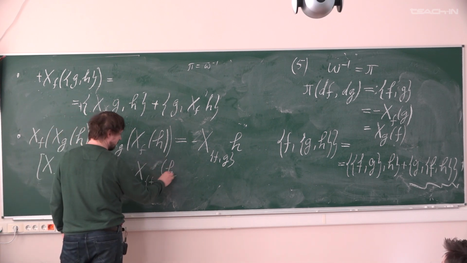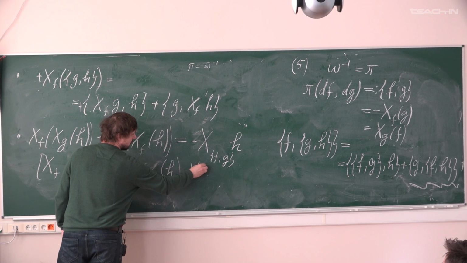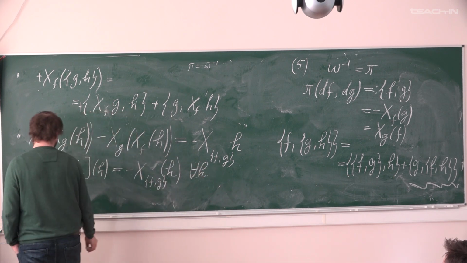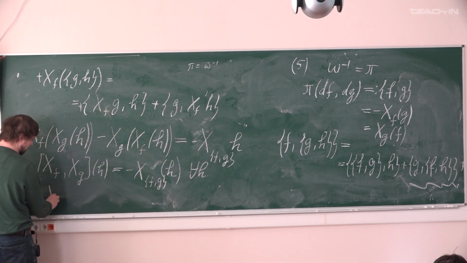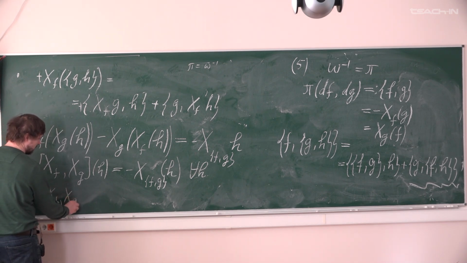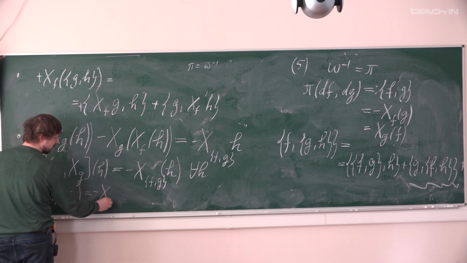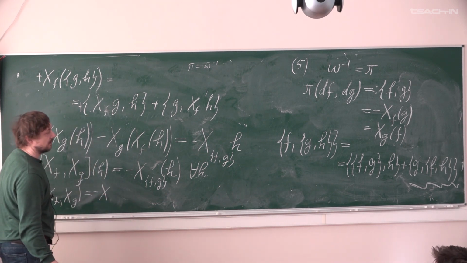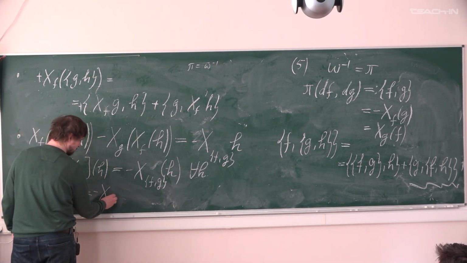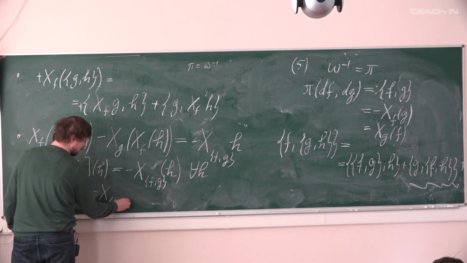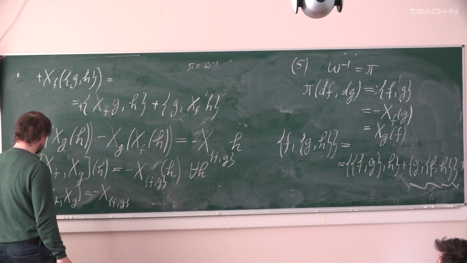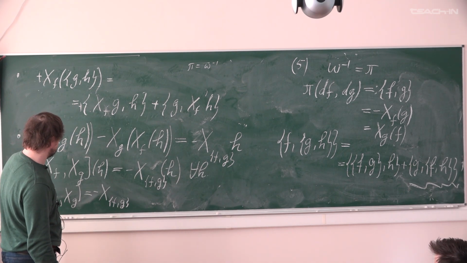Since this is true for all h, we have this identity: [X_f, X_g] is equal to minus X_{f,g}, if I'm not mistaken.